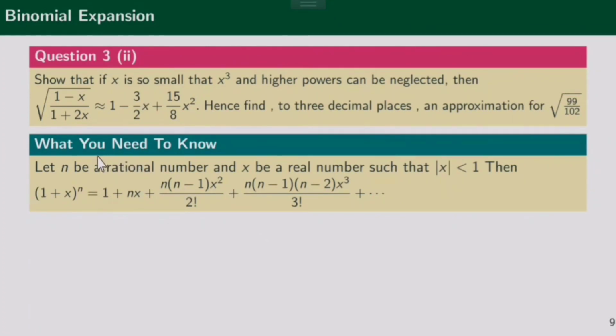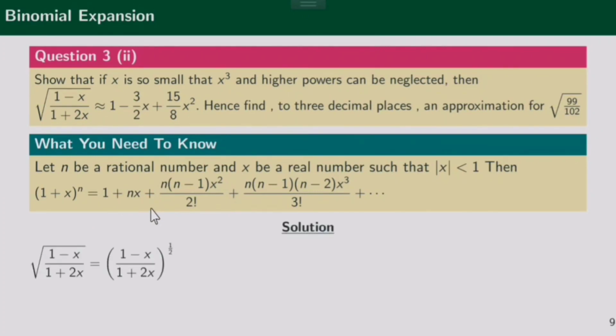So in order to apply this expansion to what has been given to us, we need to rewrite this expression in this form so that we can apply this formula, plug in the values of x and n, of course, and obtain the expansion of that expression.